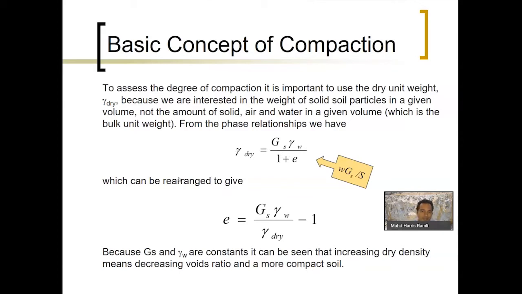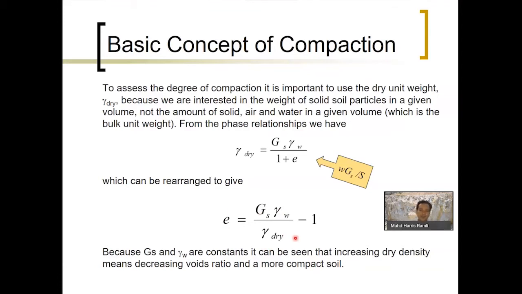If you rearrange this formula, you can see the void ratio. Because the specific gravity and the unit weight of water are constant, the dry unit weight is the one that governs the void ratio.